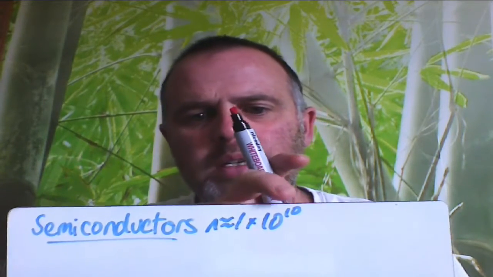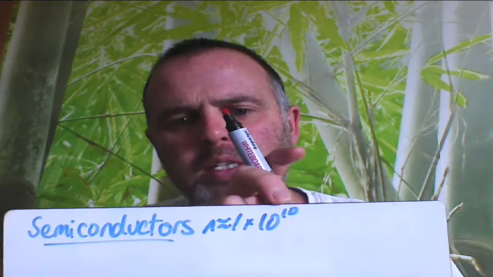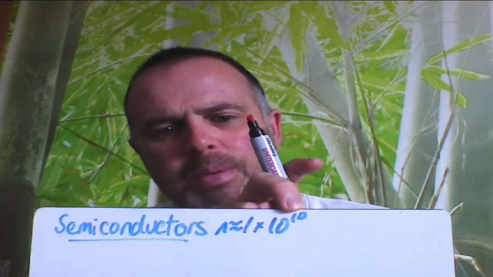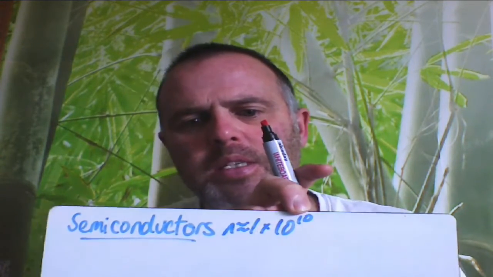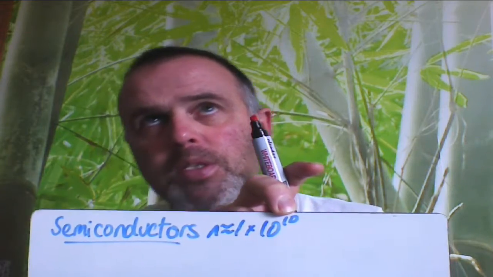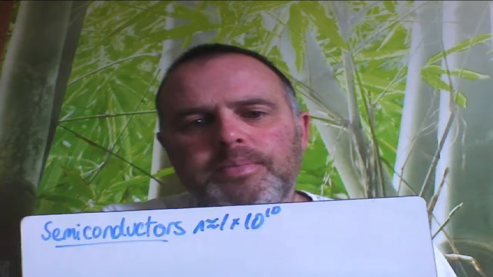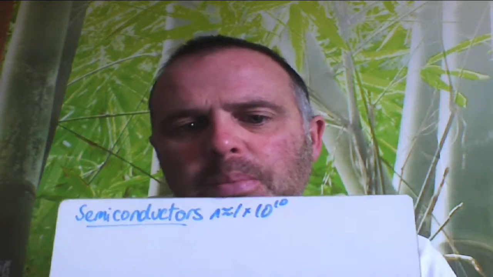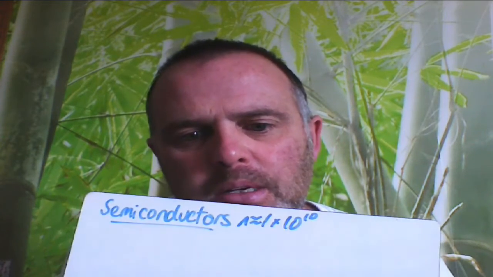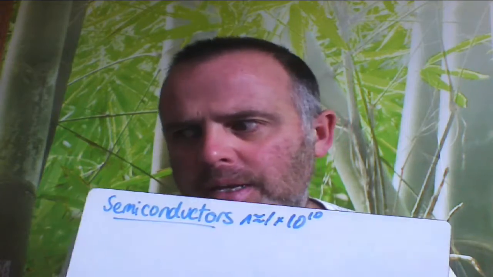But a semiconductor is somewhere there in the middle. Silicon has about 9.8 times 10 to the 9, which is about 1 times 10 to the 10 free charge carriers per cubic meter. So we're there in no man's land in between conductors and insulators.